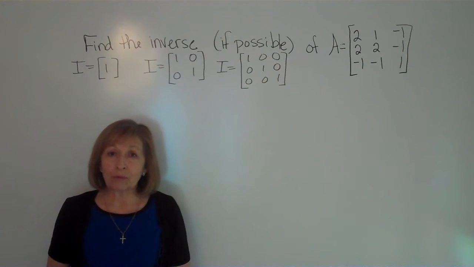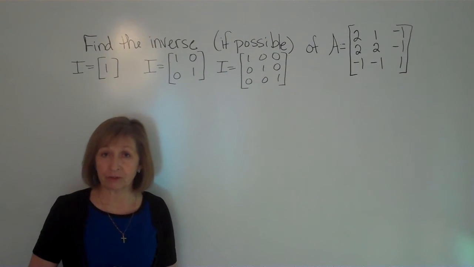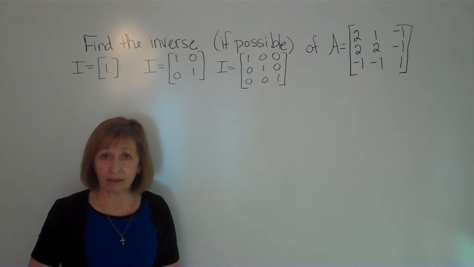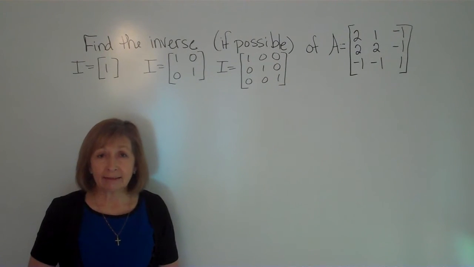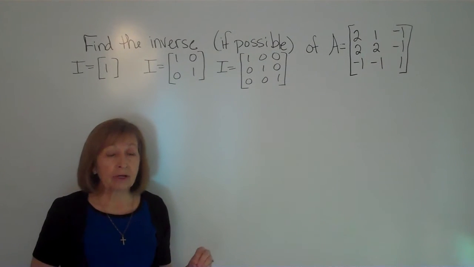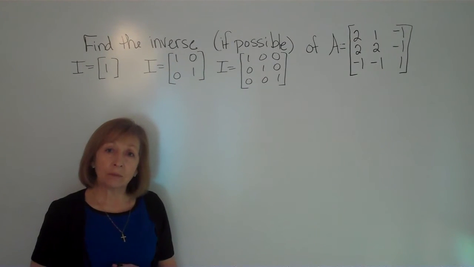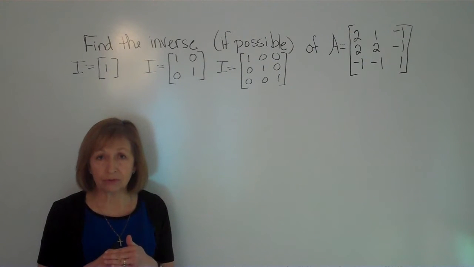Now, in order to go through the process, we need to recall our 3 row operations for matrices. So our legal 3 row operations for matrices are, you can multiply any row by a non-zero constant. So you can multiply any row through by a number as long as that number is not 0. The second one is you can interchange any 2 rows.